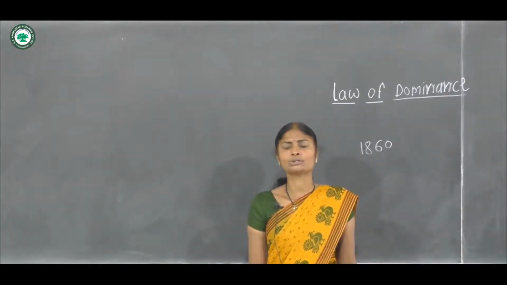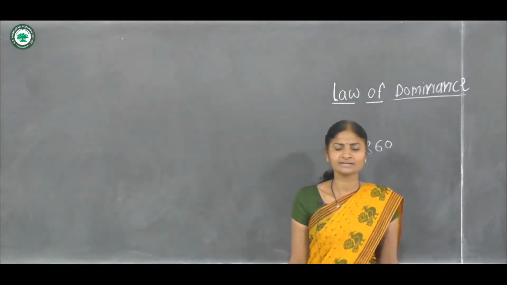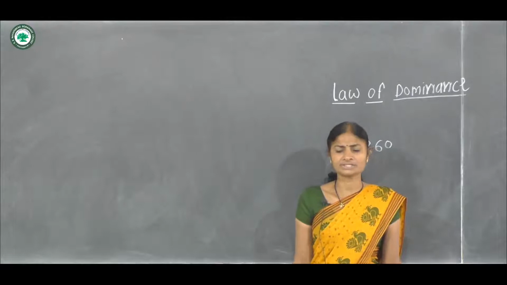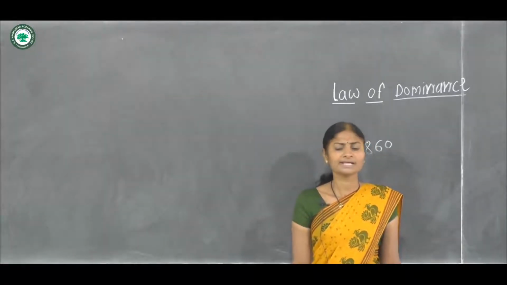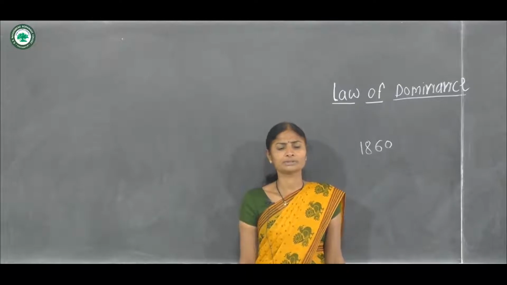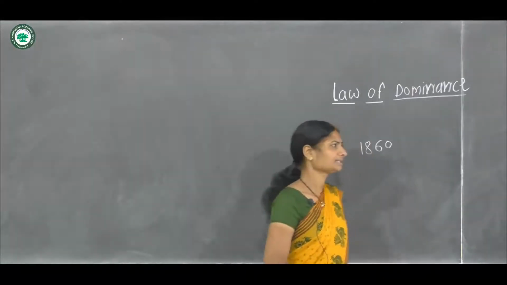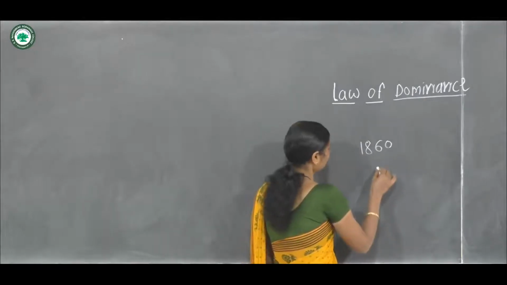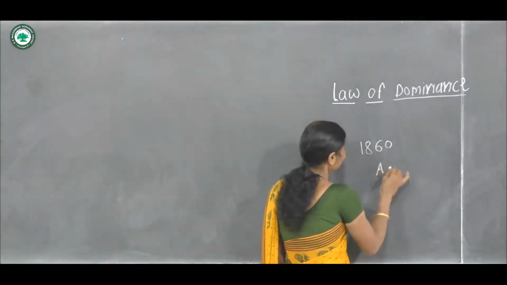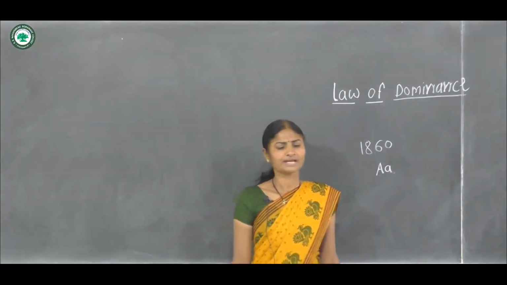Characters are controlled by discrete units called factors, and these factors occur in pairs. In a dissimilar pair of factors, one member is dominant and the other is recessive. In this allelic pair, one character is dominant and one is recessive.